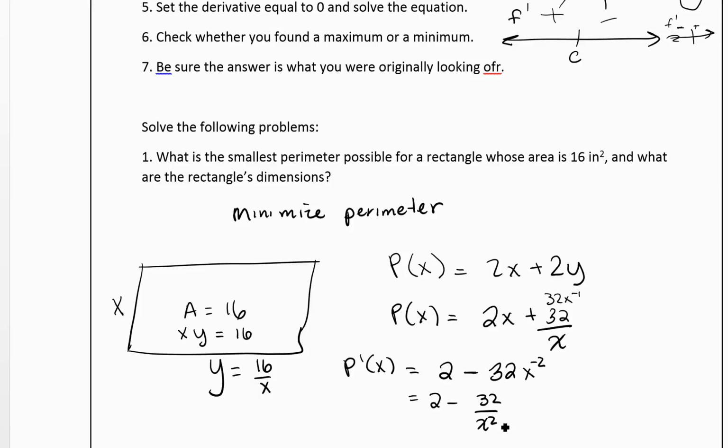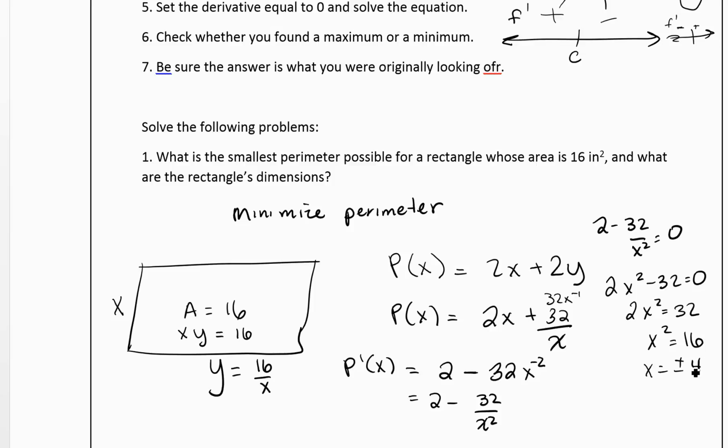So now to find our minimum, we want to set this equal to 0. Okay, to solve this, we'd multiply through by x squared, so we'd have 2x squared minus 32 equals 0. Add 32 to both sides. Divide both sides by 2. Take the square root, we get x equals plus or minus 4.